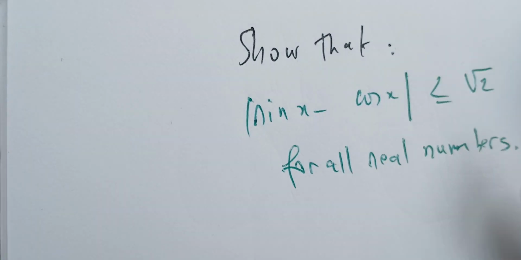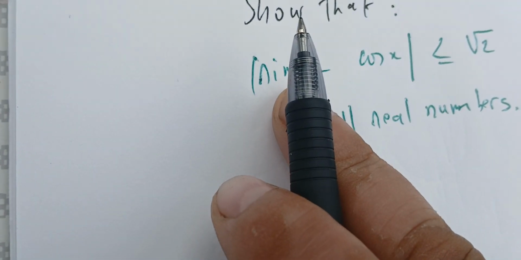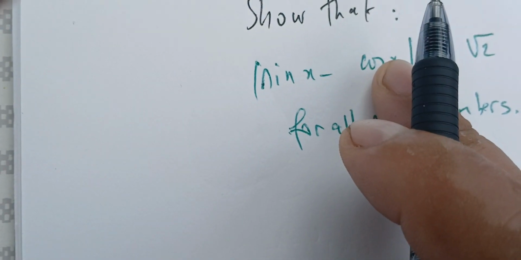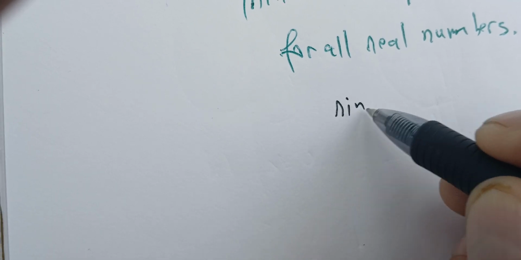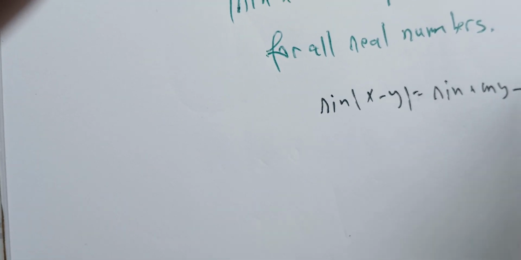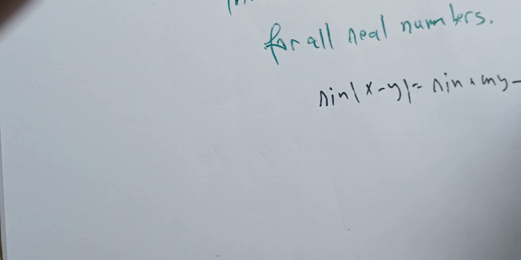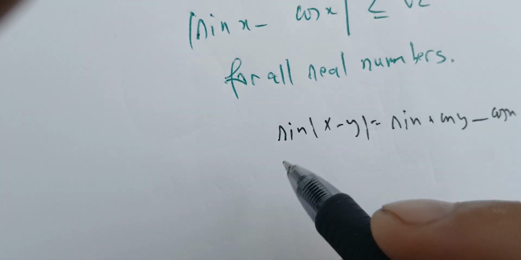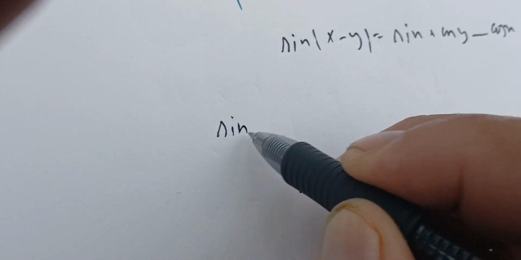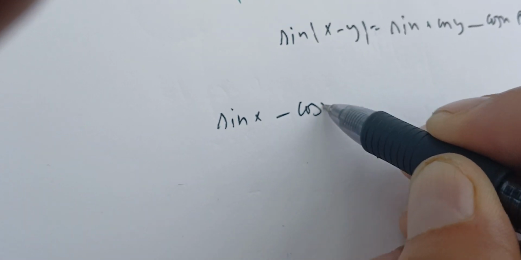So one way of proving this is to write sine x minus cosine of x by profiting from the fact that the sine of x minus y is sine x cosine y minus cosine x sine y. Okay, we can profit from that, so we can write sine x minus cosine x.